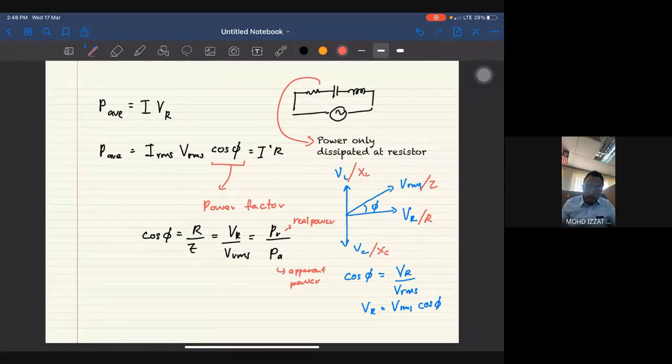But we want to talk about instantaneous power. So, mana pula saya tulis? Okay, now I want to talk about instantaneous power. Okay, hopefully saya tak salah je.